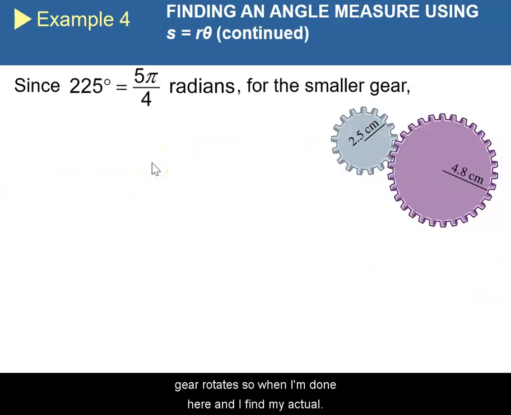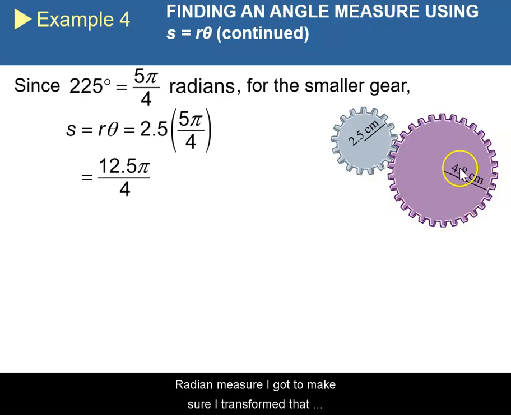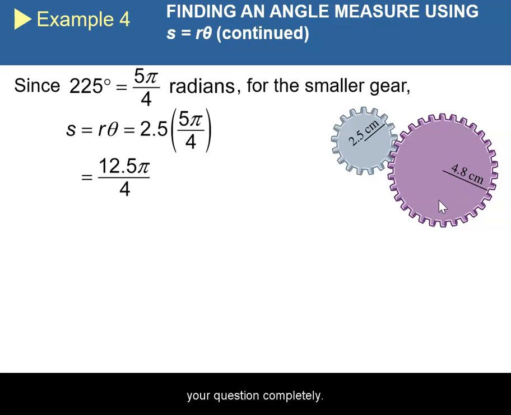So when I'm done here and I find my actual radian measure, I got to make sure I convert that back into degrees at the end, because it's asking me for the degree measure that this larger gear rotates. So make sure you're answering your question completely, right?